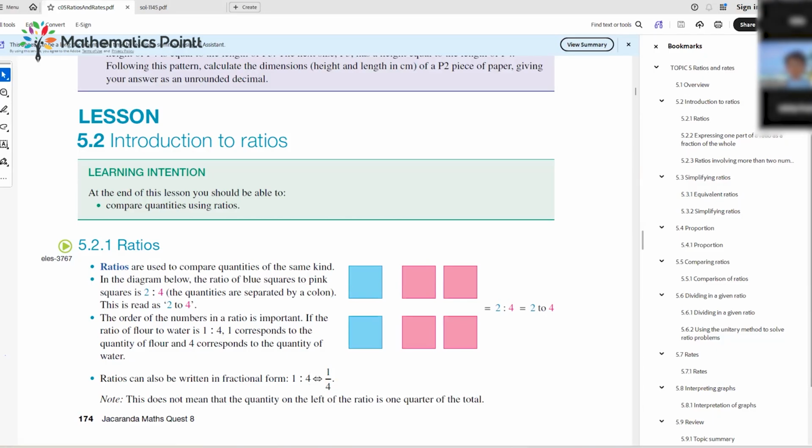Now, ratios in themselves don't have any kind of units because we are measuring quantities of similar nature. So if I have, let's say, fruits, two oranges and five apples, let's say they are being used to make some jelly or some pudding.